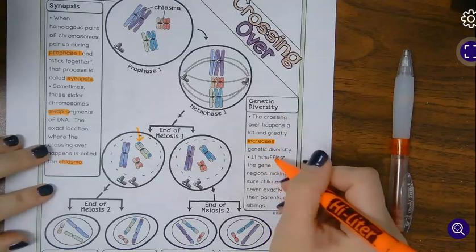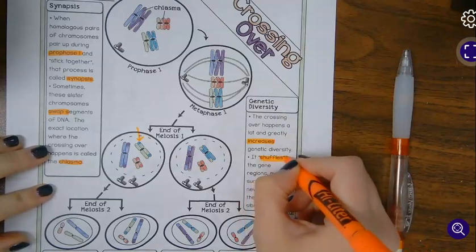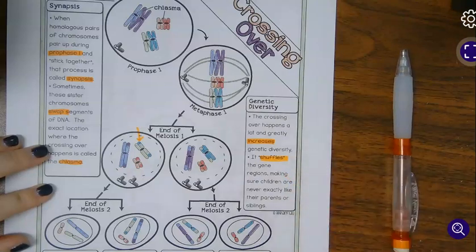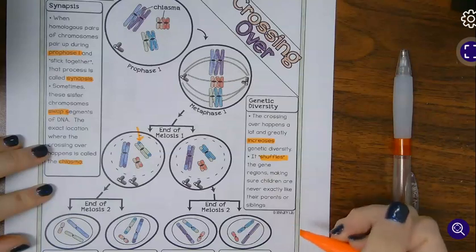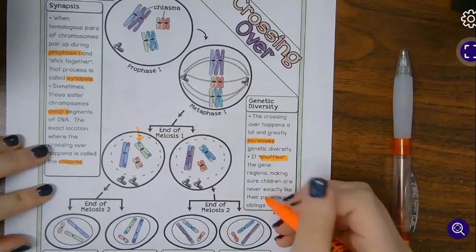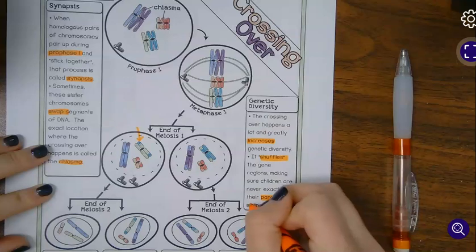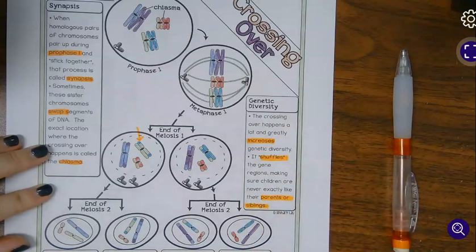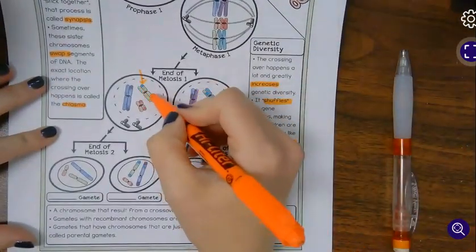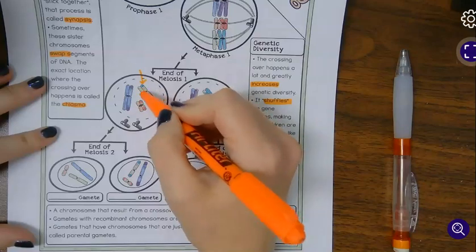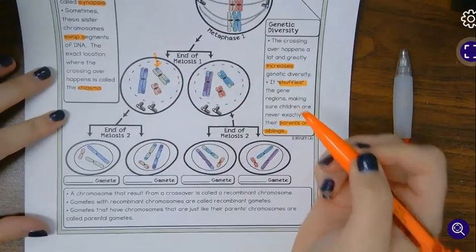So crossing over shuffles the genetic regions, which pretty much ensures that any offspring or children that come from the same parents are never going to be exactly like their parents or their siblings, because you're shuffling that genetic deck. You have that crossing over. So we have created a completely new chromosome with new DNA.